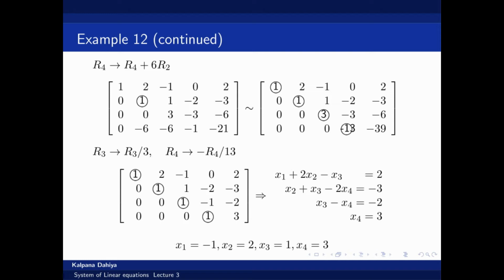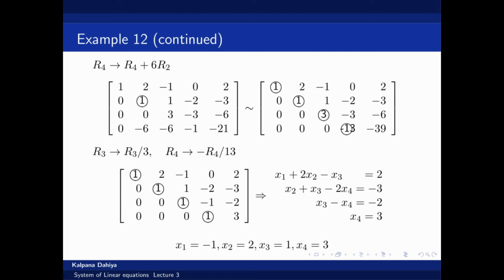Now the augmented matrix is equivalent to this one, and this implies that the system of equations can be written as these 4 equations: x1 plus 2x2 minus x3 equal to 2, x2 plus x3 minus 2x4 equal to -3, x3 minus x4 equal to -2, and x4 equal to 3.